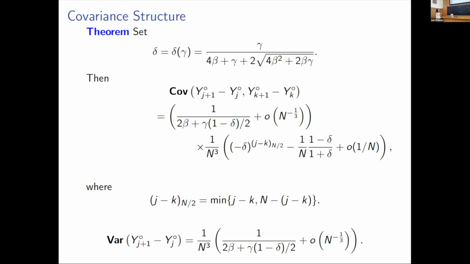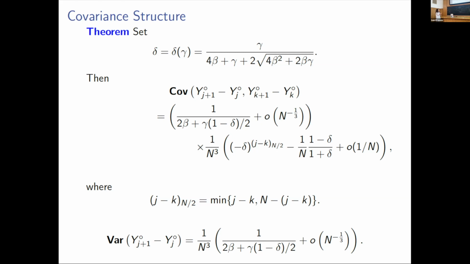That's the order also for that previous model for the covariance. But here the covariance for the first terms is still of order 1 over n cubed, just as a variance. And it has a sign which is changing: minus, plus, minus, plus.